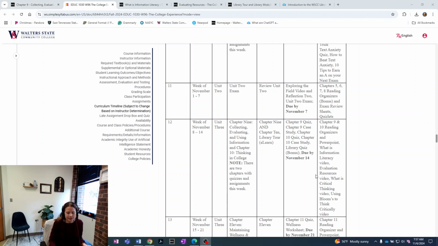And in this section of the course, we are going to refer to this as really thinking critically and also thinking of the term what we call literacy, right? So we're thinking about what is information literacy, how do I think critically, how do I evaluate resources, and you're also going to get a chance to navigate the library webpage and the sources that they offer.